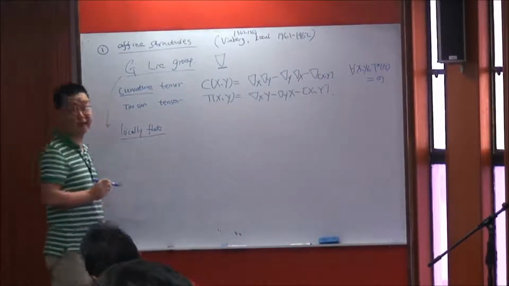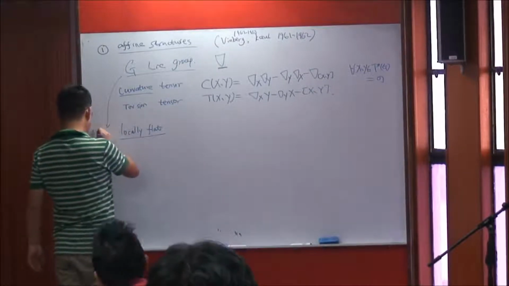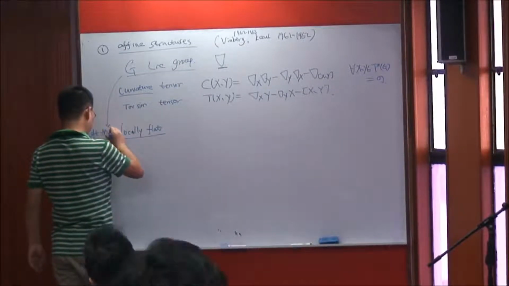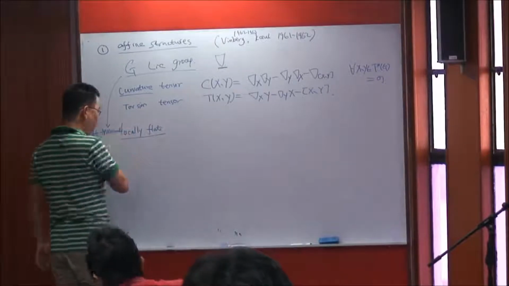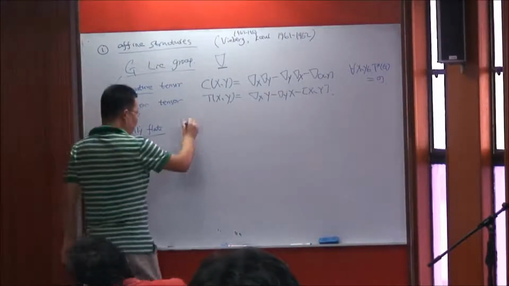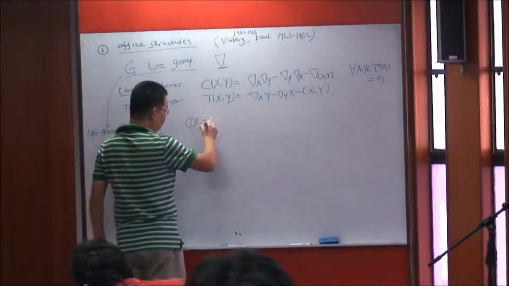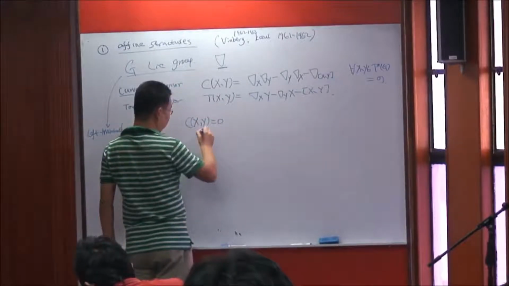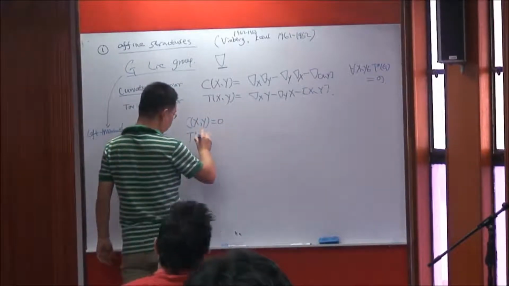Of course, it's left invariant. Local flat means the curvature is 0 and the torsion is also 0.